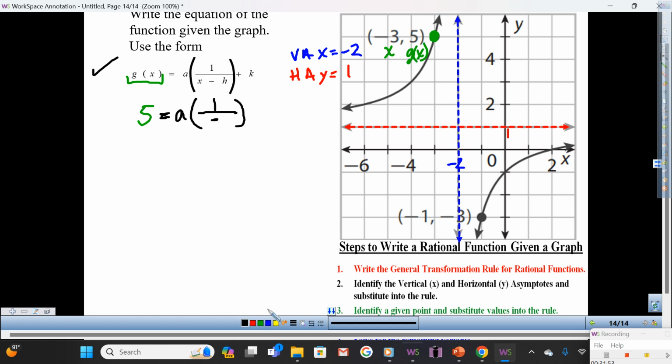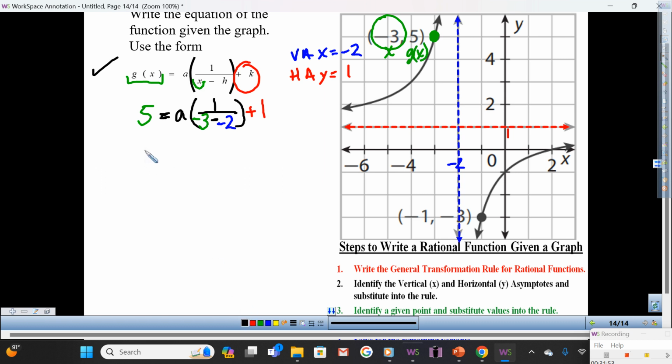It was what? -2. Do we know what x is? Yes, x is -3, which is over here. And do we know what k is? Or our y equals? Yes, that's +1.